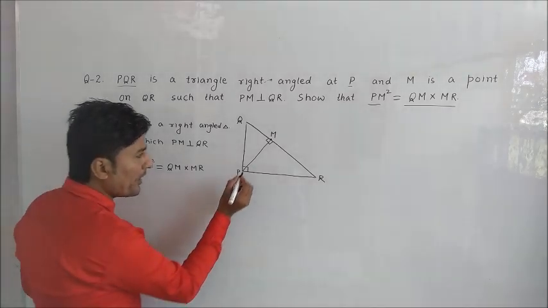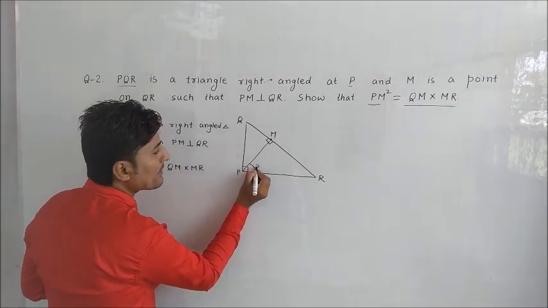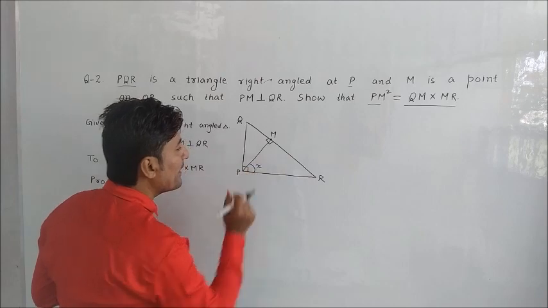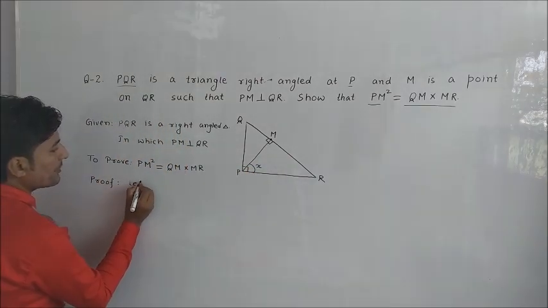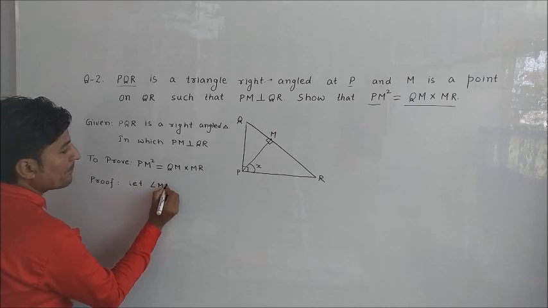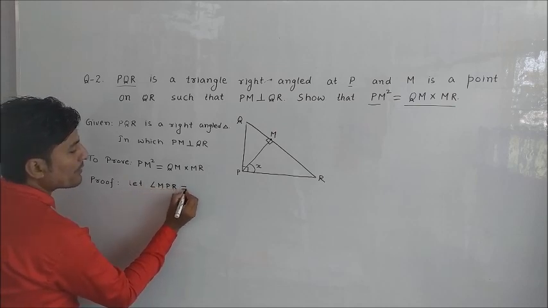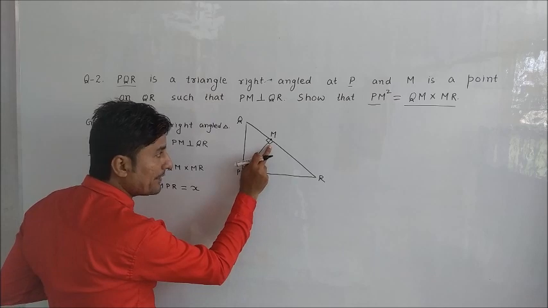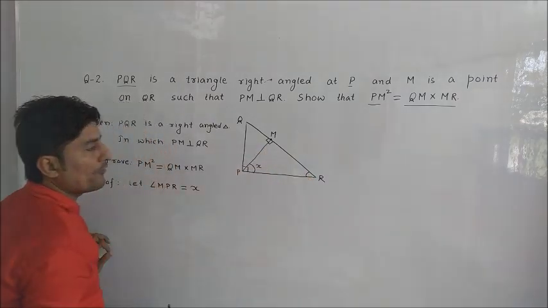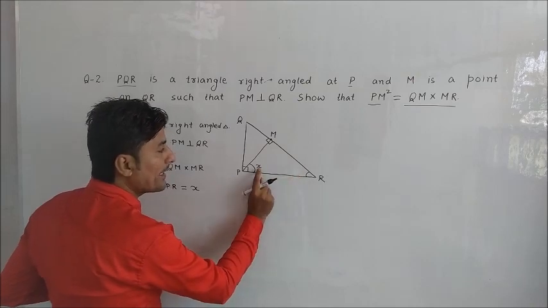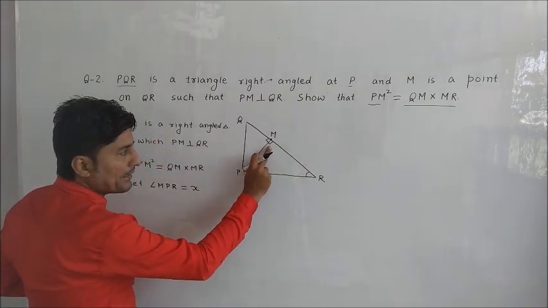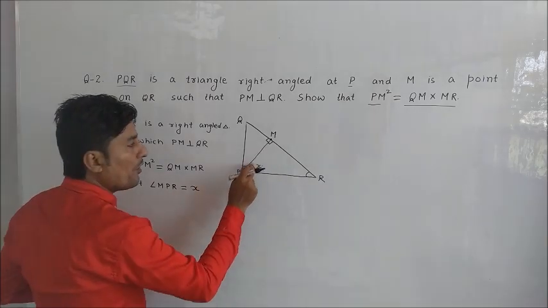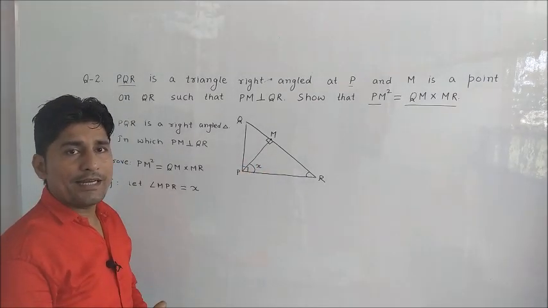In proof, first of all, we are going to assume this angle as X. Suppose the measurement of angle MPR is X. Since the measurement of this angle is X, measurement of this angle is 90 degree, hence the measurement of this angle will be equals to 90 degree minus X. As we know, the sum of all the three angles in a triangle is equals to 180 degree.